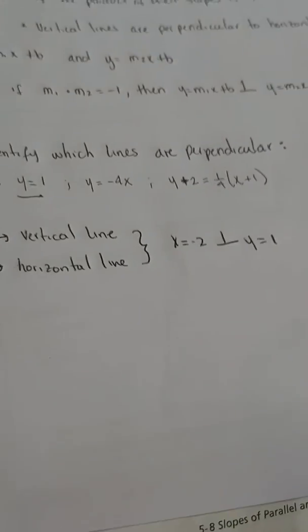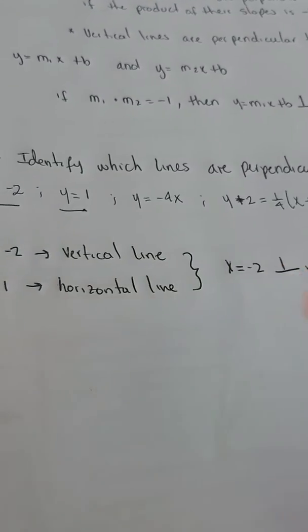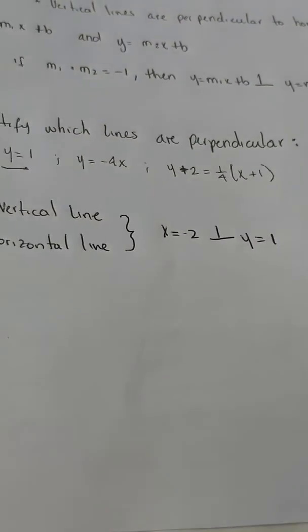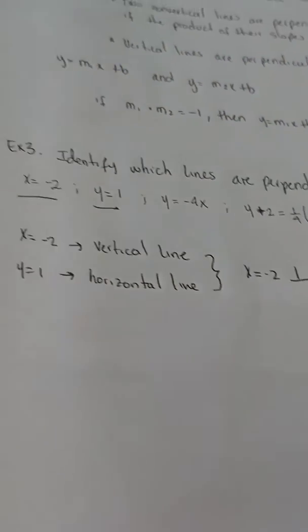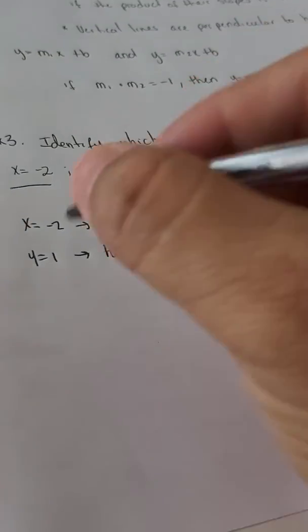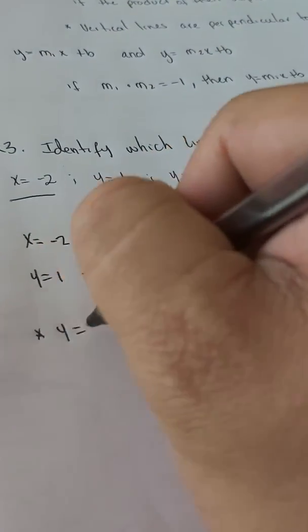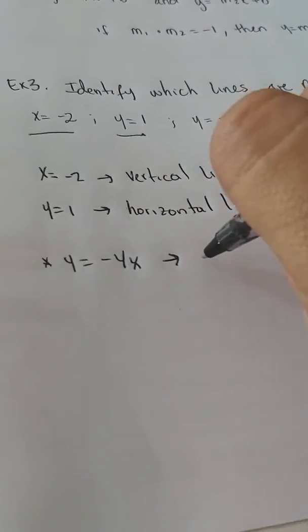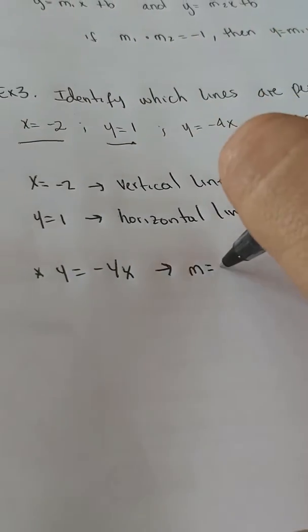Now let's see if y equals -4x is perpendicular to y plus 2 equals 1/4 times x plus 1. Okay? So notice, y equals -4x. In this case, m equals -4.